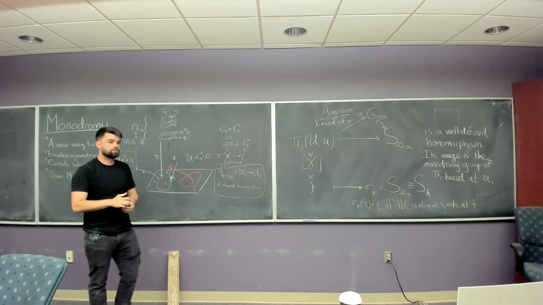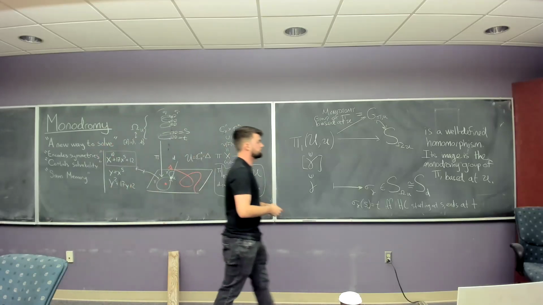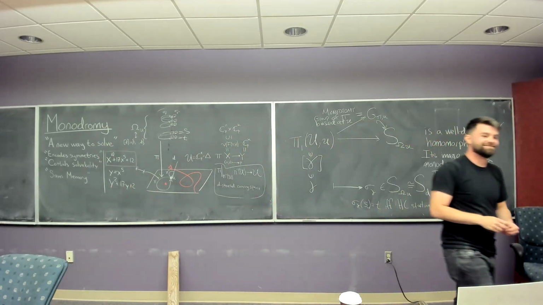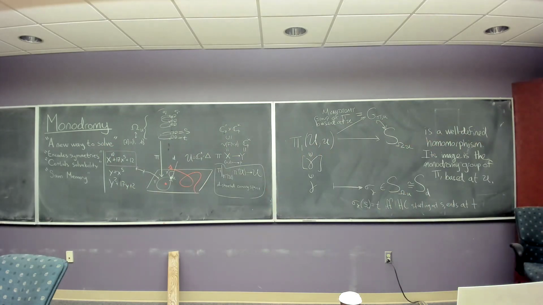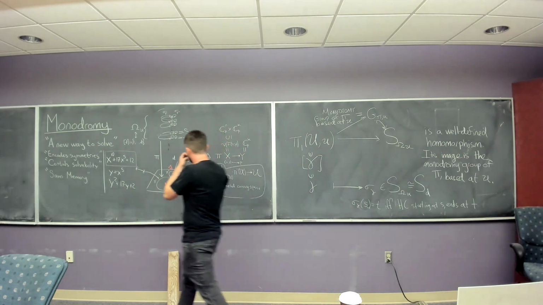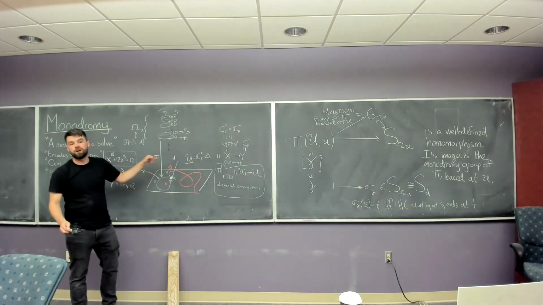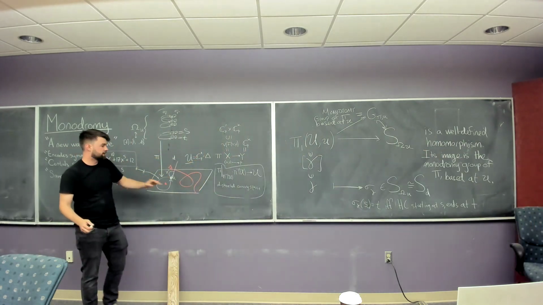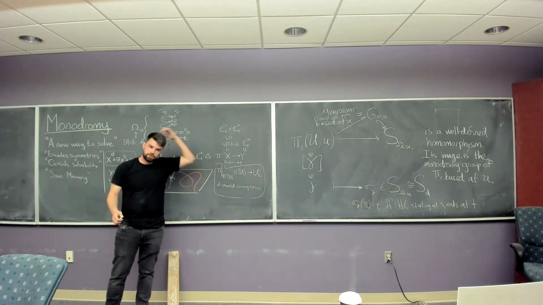Could you go over why it is well defined? Yeah, okay, I will include a description of why that's the case in the notes. It should follow fairly directly from the definition of U. The definition of U does a ton of work here. It guarantees that this is a covering space.